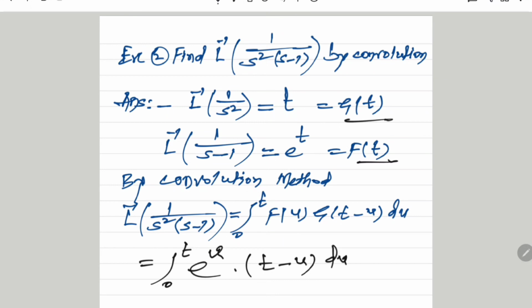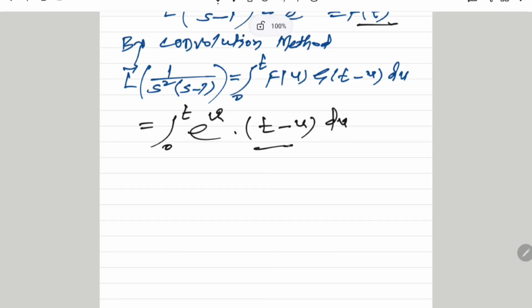Here it is a product of two terms of u, therefore integrate it by generalized parts. For this, t minus u we consider as the first function as it is algebraic, and the second one is exponential, therefore we consider that as the second term.